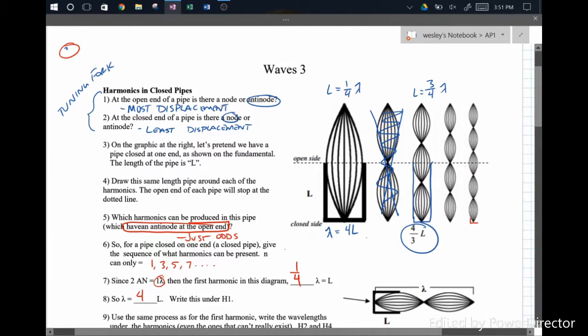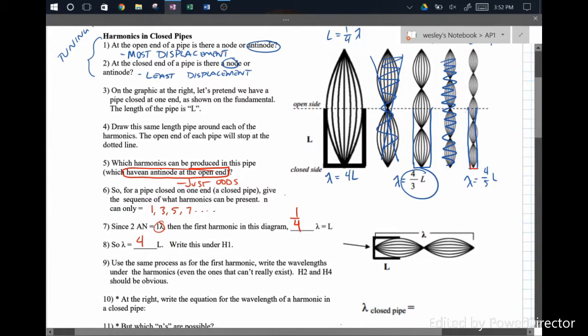If I solve that for lambda, lambda is equal to 4/3 L. Next, that is 1/2, 2/2, 2.5 halves. All right, so that's 5 quarters of a wavelength. So one wavelength here is equal to 4/5 L. So the ones that don't exist are halves.